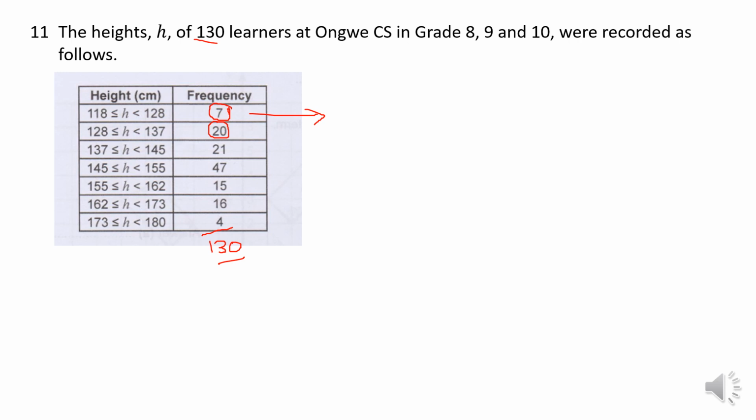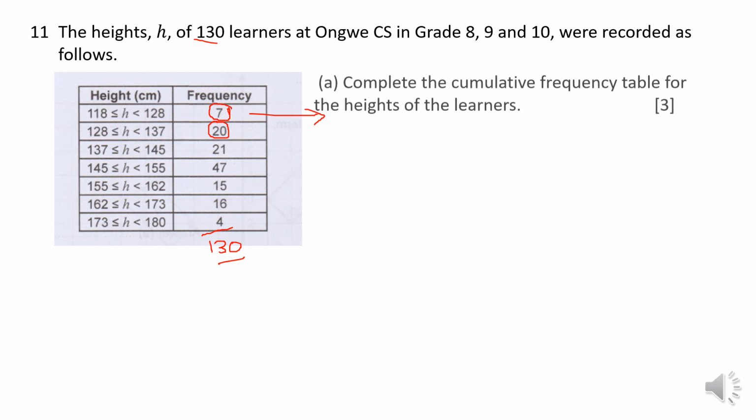But you don't know whether one has 127, one has 120, one has 118. We don't know. They're grouped there. So in order for us to find the mean, it's not possible, but we will find an estimate of the mean. I'll come back to this table. So remember this, it's very important, and I'll show you how it works when we deal with the estimate of the mean from this table.